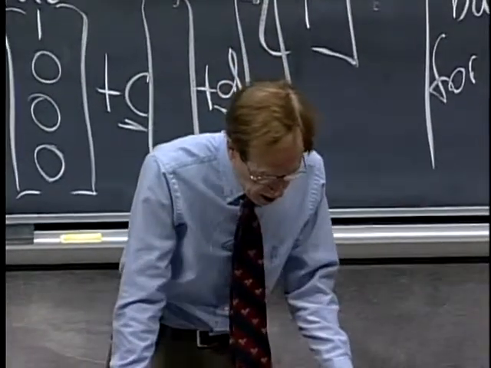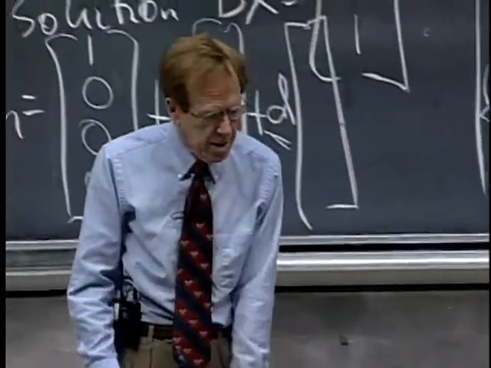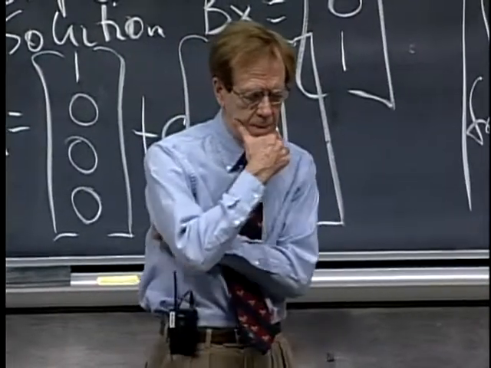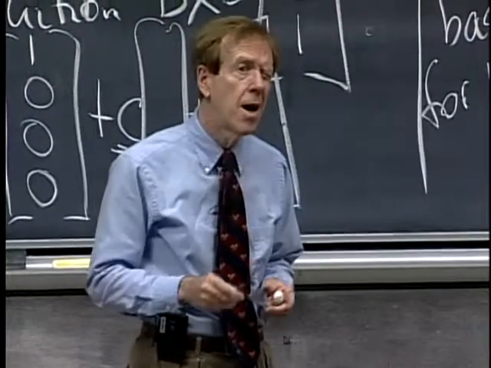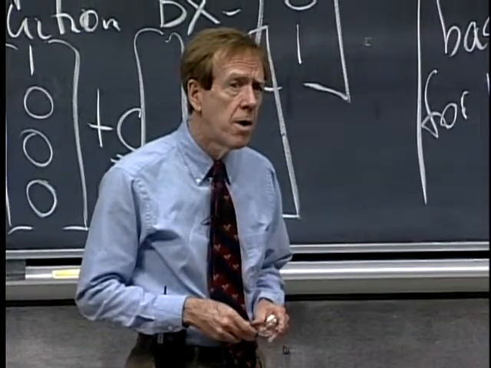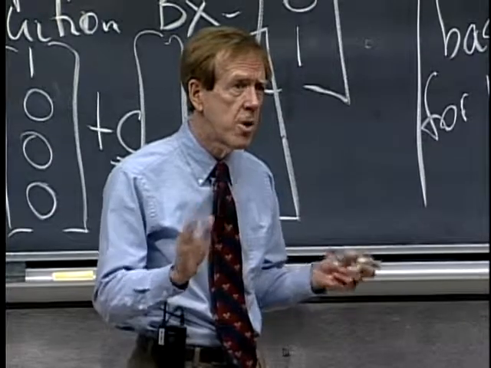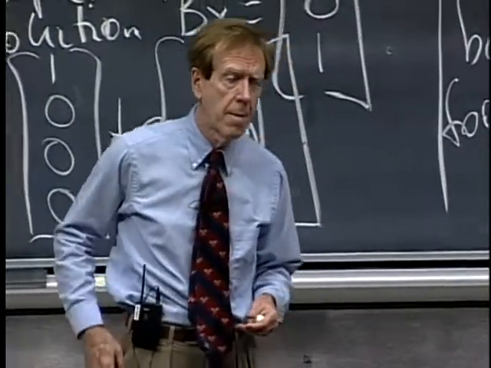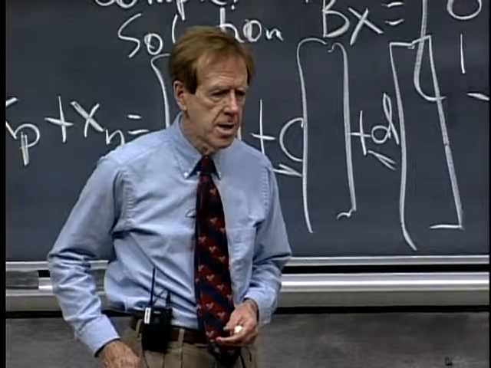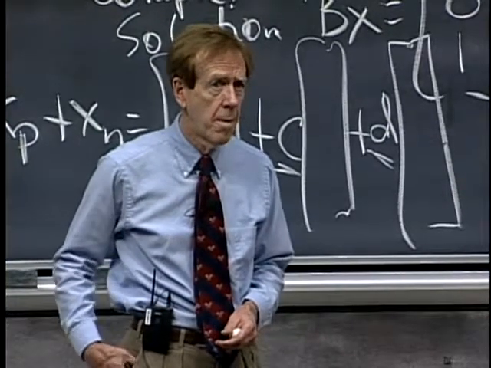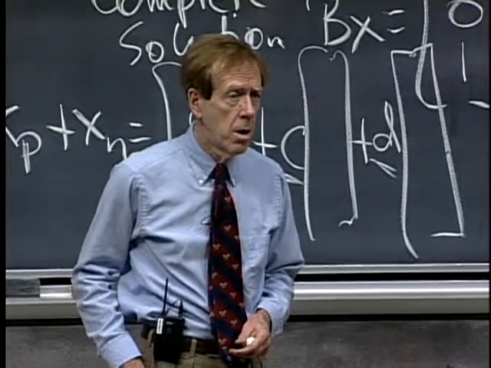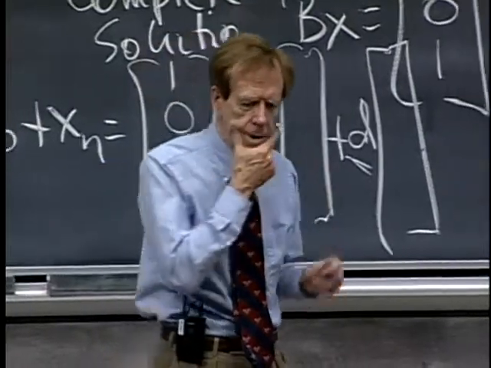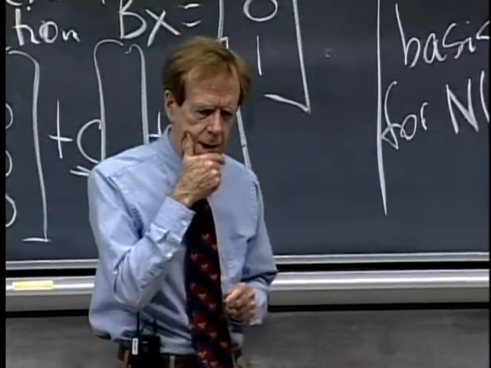How about this? If A and B have the same four subspaces, then A is a multiple of B. Suppose those subspaces are the same, then is A a multiple of B? How do you answer a question like that?